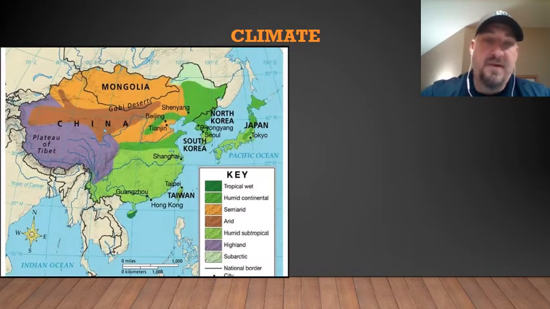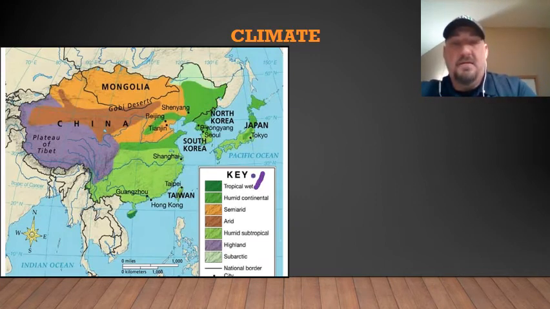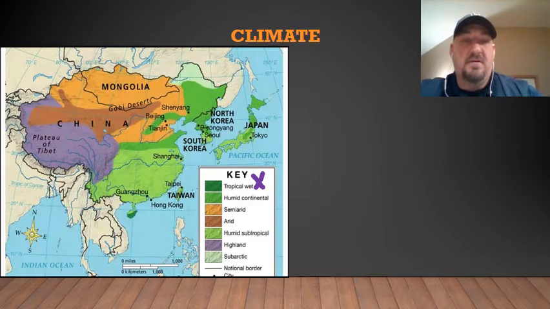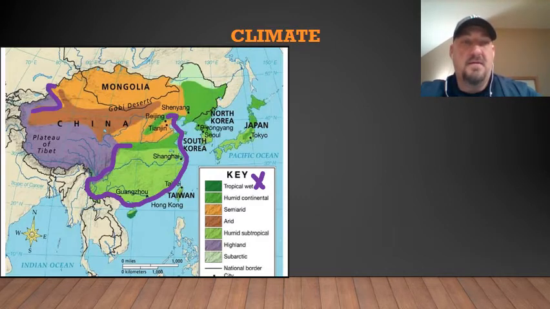So again, we're going to compare the two maps. Looking at the climate map, we have our key, and we talked about the tropical wet areas in green, and then the arid and dry.